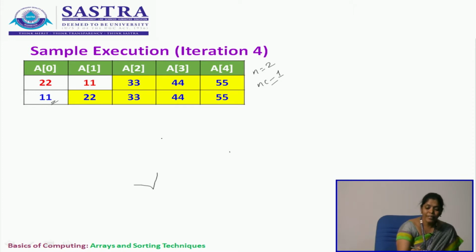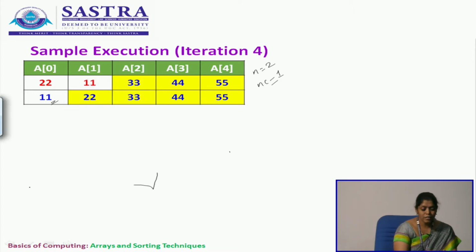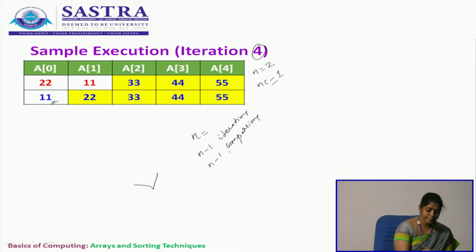We have completed n minus 1 comparisons in this iteration, and the total iterations we have gone through is 4. So the conclusion is, for an array of n elements, n minus 1 iterations are required, and in each iteration n minus 1 comparisons are required.